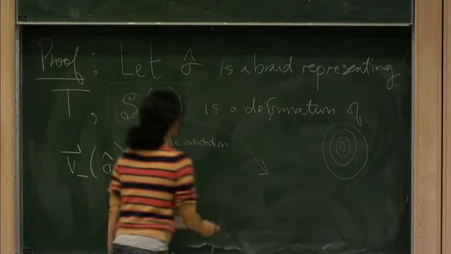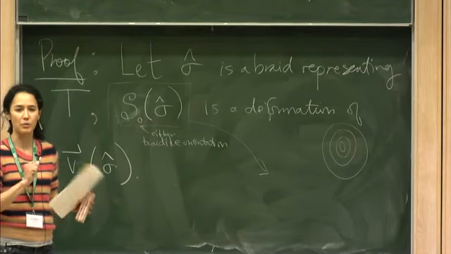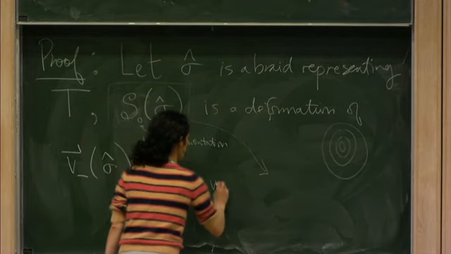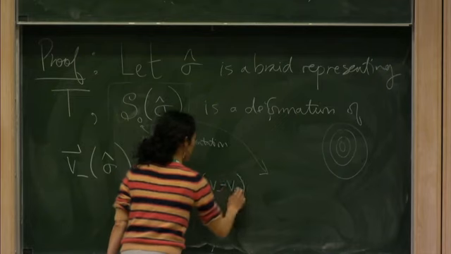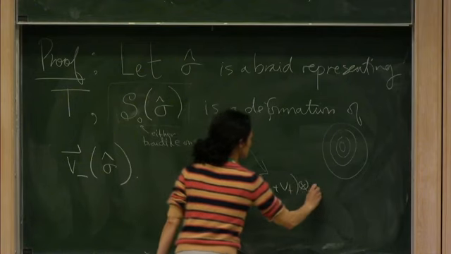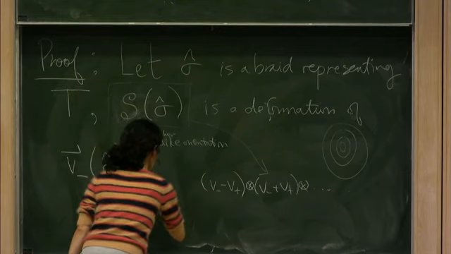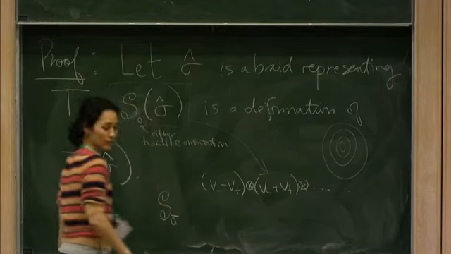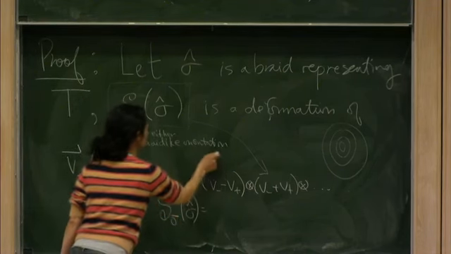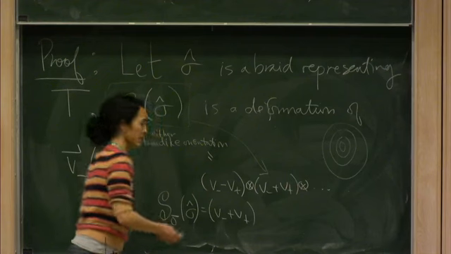Depending on the orientation, I'm not going to worry too much about which orientation corresponds to what, but for one of them it's v minus minus v plus, tensor v minus minus v plus, tensor, etc. And then for the other orientation, the other one is where you just start with the plus first.